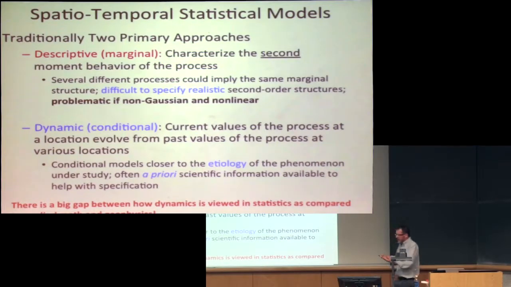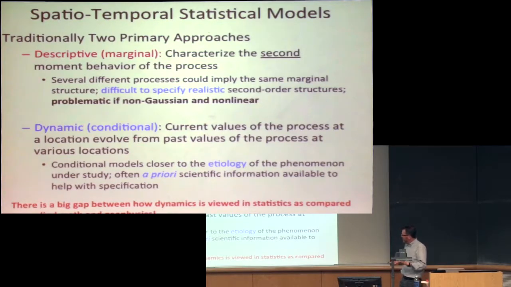We're going to think about basically doing kriging, if you're familiar with that, or optimal interpolation based on covariances. The problem with that is that, first of all, it's really difficult to capture realistic behavior, clearly not going to be appropriate for highly nonlinear systems. Second of all, multiple processes can actually imply the same kind of covariance structure. That might be okay, it might not.